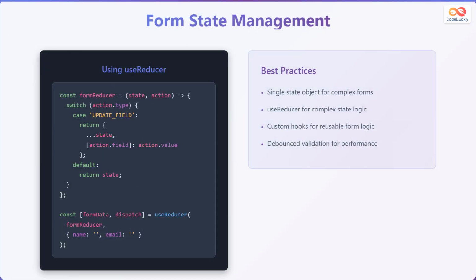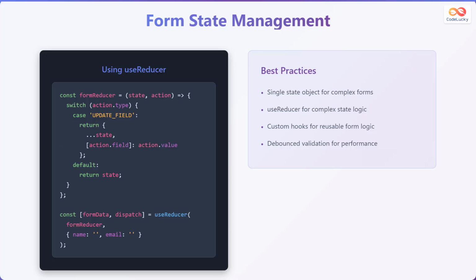Let's talk about form state management in React. For managing form state, especially in complex forms, the useReducer hook can be a powerful alternative to useState. Here's an example of using useReducer for form state management. We define a form reducer function that takes the current state and an action as arguments and returns the new state based on the action type.